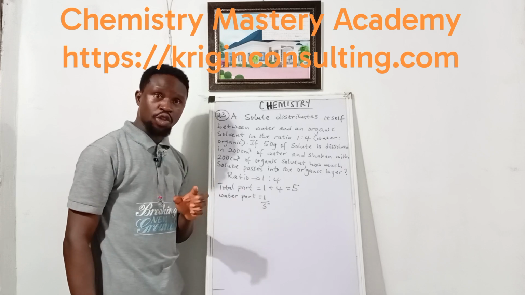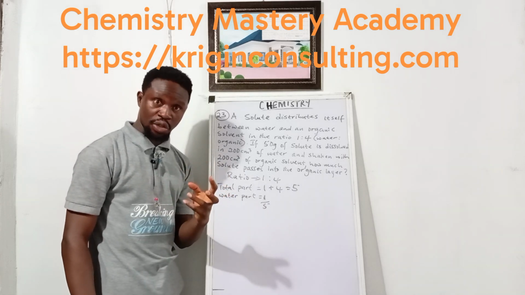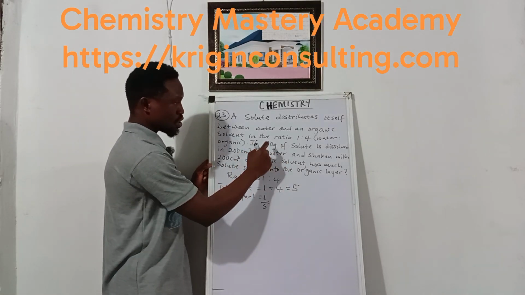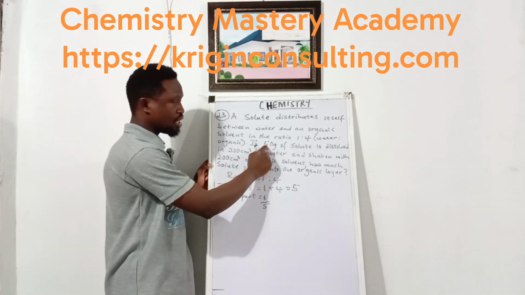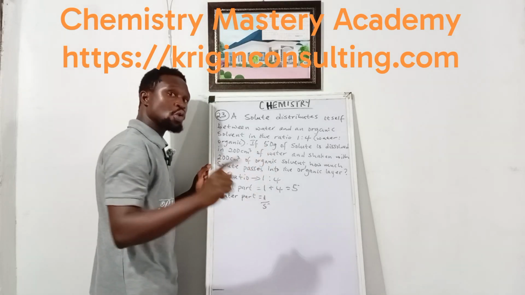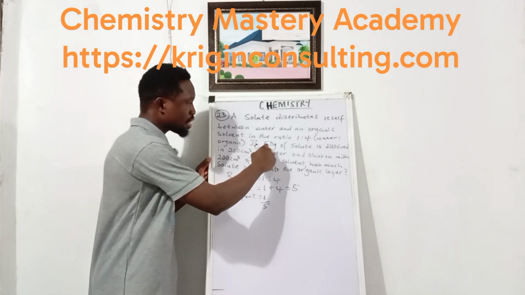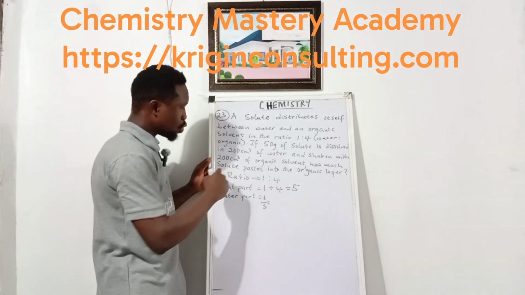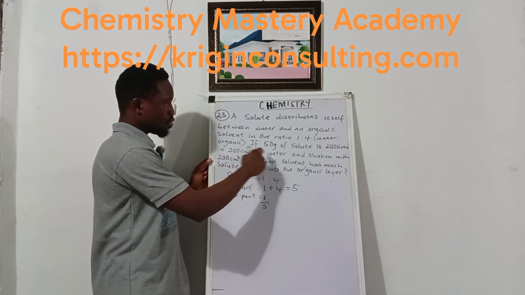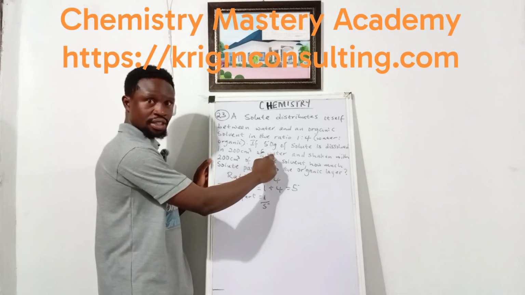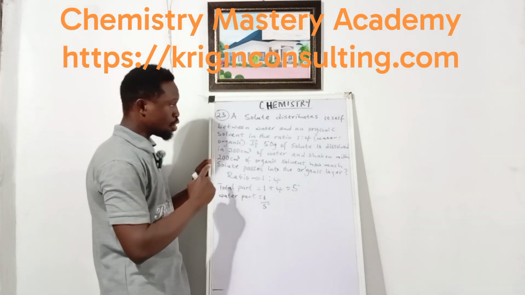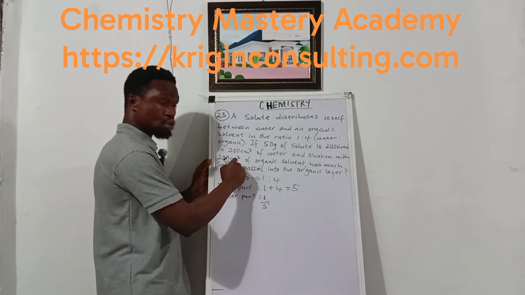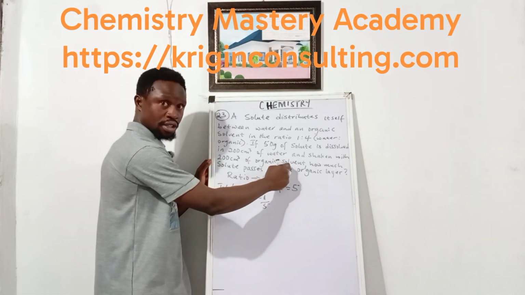Remember, we are trying to look for how much, that is the mass. Is it not so? So now, they gave us that the mass of the solute is 50 gram. So what we are now trying to do is find out, of this 50 gram, how much will dissolve in 200 cm cube of water, and how much will dissolve in 200 cm cube of organic solvent.